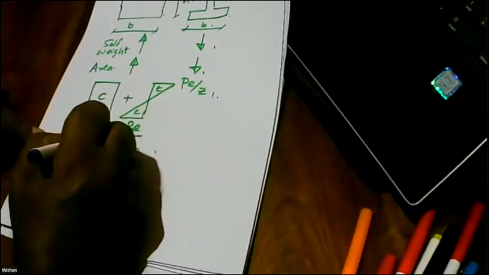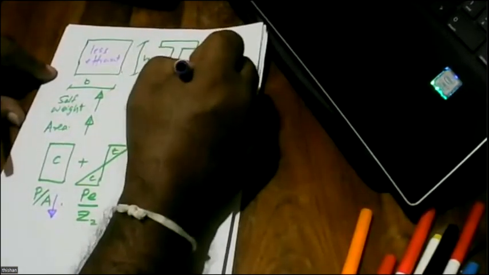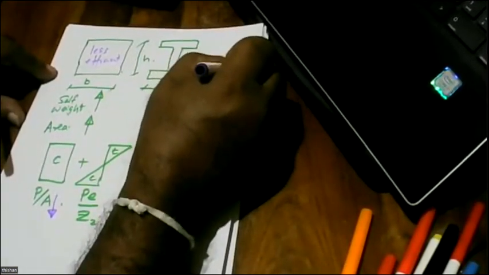So if you want to maximize the prestress effect, then we must minimize the area. Which means this rectangular section is less efficient, and this is more efficient. So that's one thing that you can gather from this diagram.